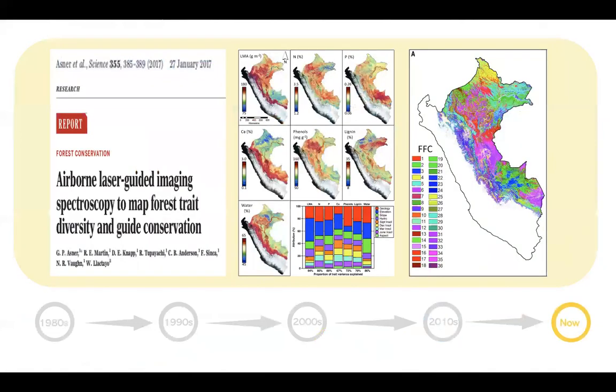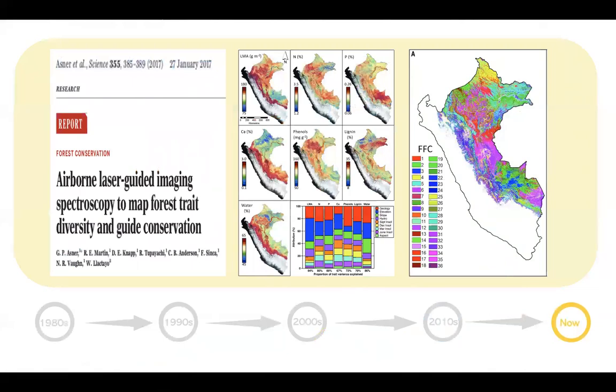And again, to talk a little bit more about Greg Asner, probably the most effective use of this for him was he mapped all of these different traits, which are shown right here, and he's broken down how much variation is explained by them. He didn't fly his sensor over all of this area in Peru. He used geospatial methods and Landsat data to extrapolate based on a sampling that he had.